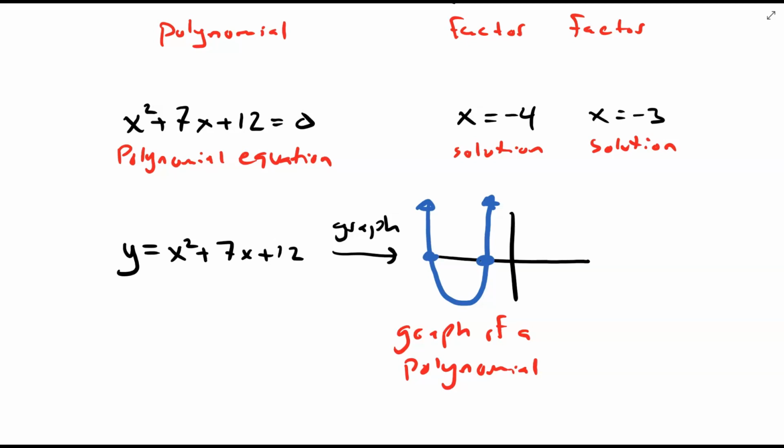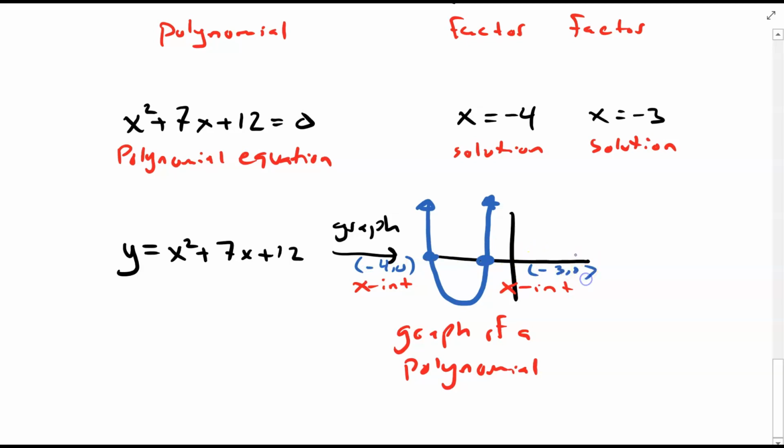Look at where they're crossing. They're crossing which axis? The x-axis, so we'd call them x-intercepts. And guess what the location of those two x-intercepts are?